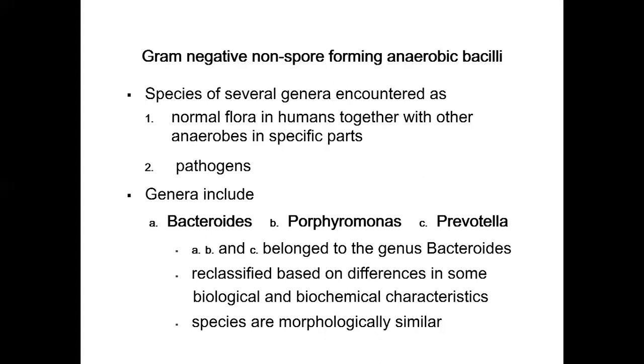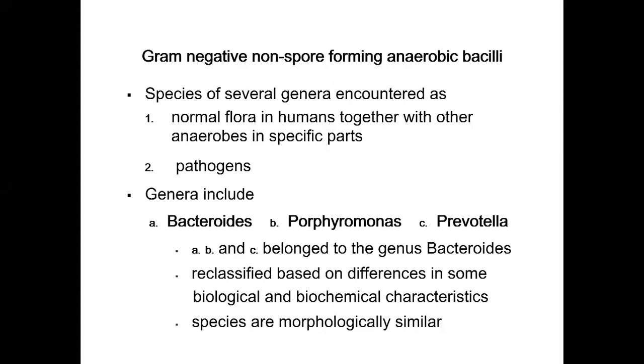There are many organisms in this group, and species of several genera are encountered. They are encountered as normal flora in humans, together with other anaerobes in specific sites, and they are also encountered as pathogens. So these are good examples of organisms which are normal flora most of the time, but for one reason or another, they turn into pathogenic organisms.